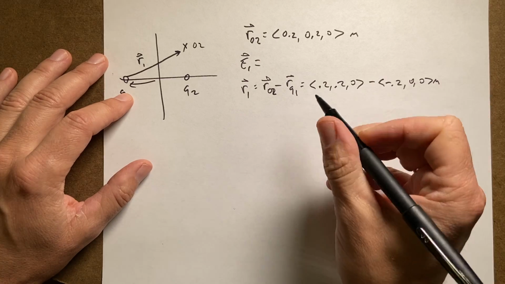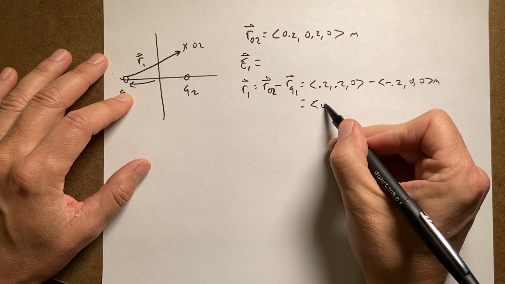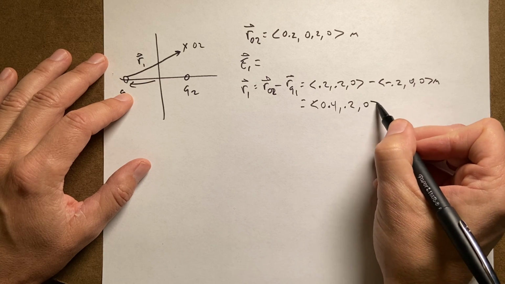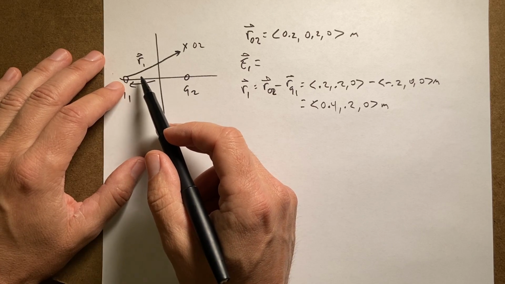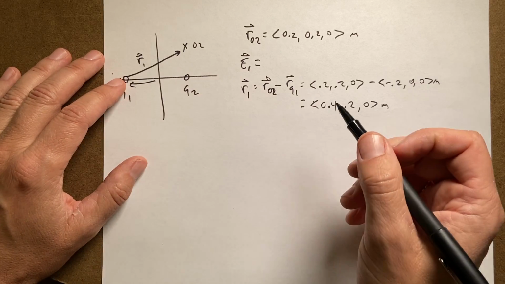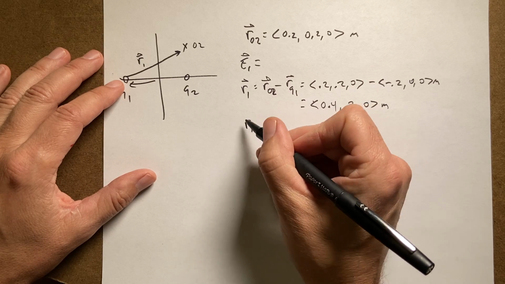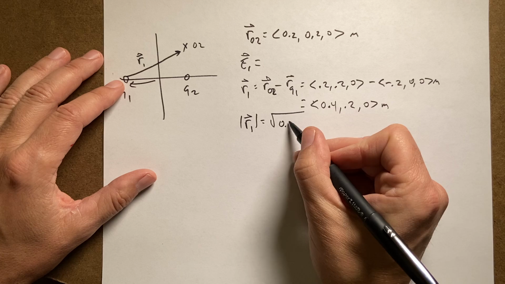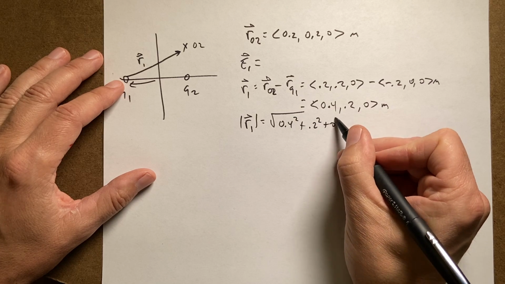I had to think for a second there. And so this gives me 0.4, 0.20 meters. And you notice that is what this vector looks like. It has 0.4 in the x direction, 0.2 in the y direction. Now I can find the R1 magnitude: 0.4 squared plus 0.2 squared plus 0 squared.